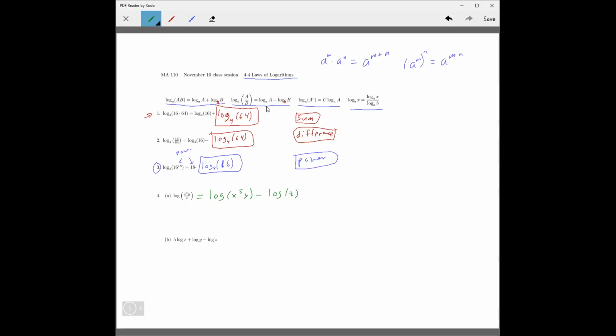So using the quotient rule first, then use the product rule here. Then finally, we use the power rule by bringing the 5 down in front. Okay, and that would be the answer right there.